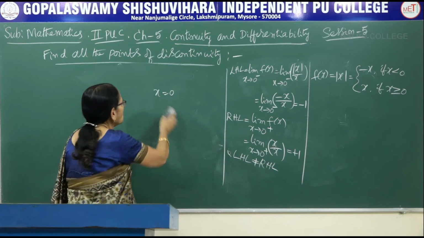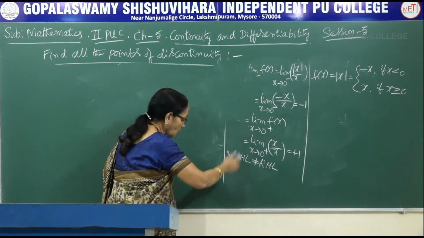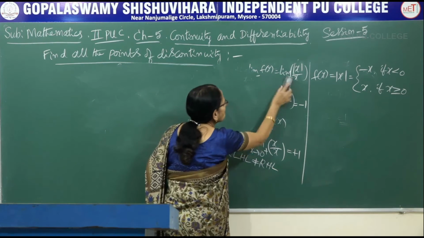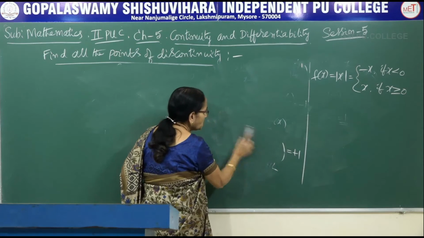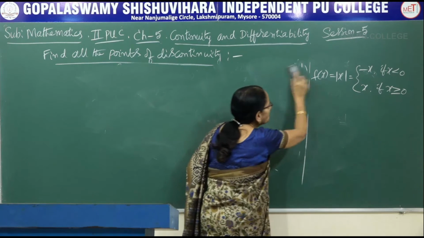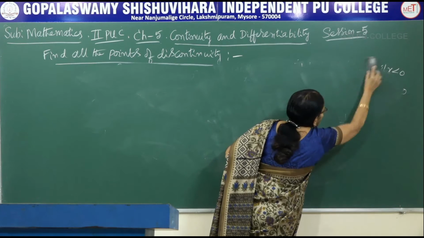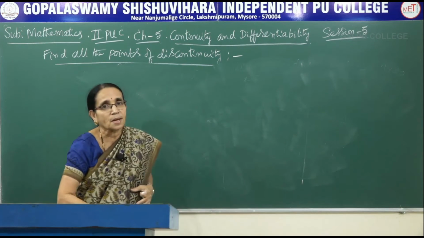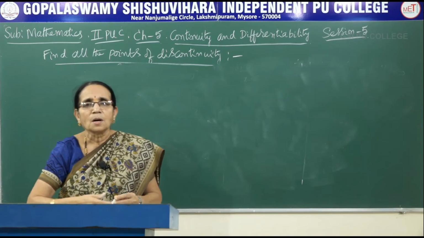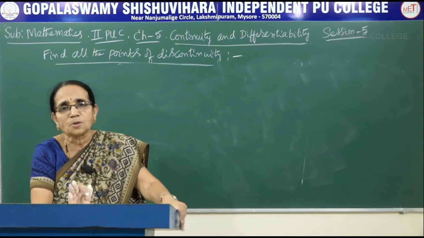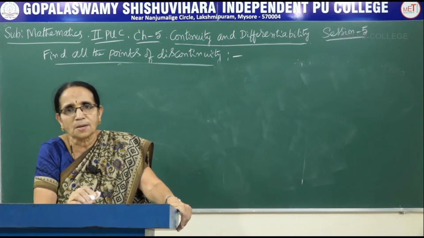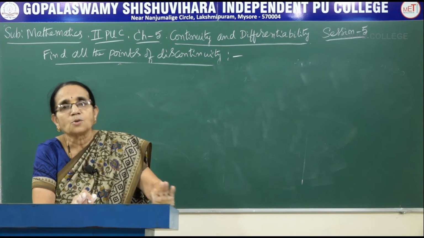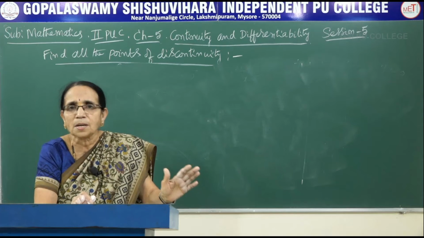Okay. So this is how the problem has to be solved and the answers have to be written. See, always read the problem correctly. Okay. So when you read the problem, of course, when you take the value x less than 0, here also you can argue like this. When x takes the value less than 0, f(x) is equal to minus 1, a constant, it is continuous. So, for all x less than 0, it is continuous.